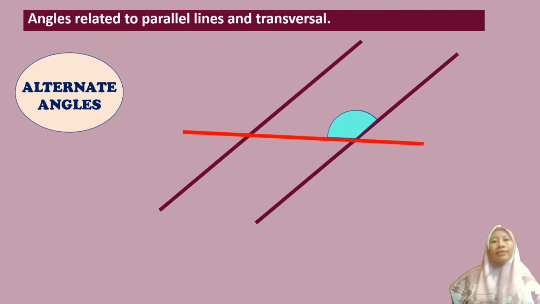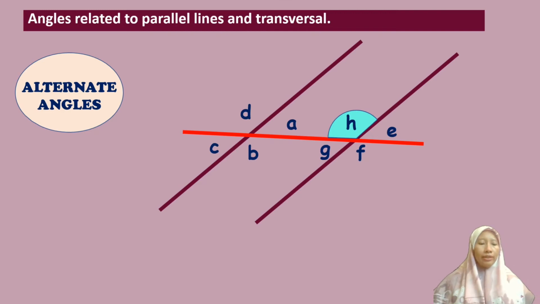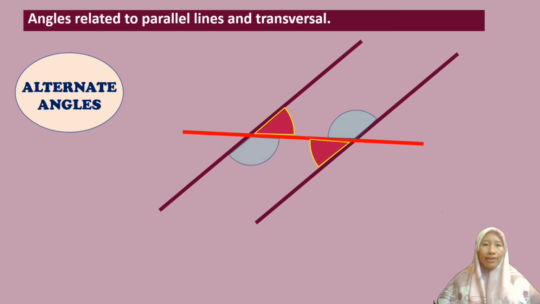Besides B and H, what else are alternate angles? If we look at angle A, which angle is alternate to A? So G is alternate to A.